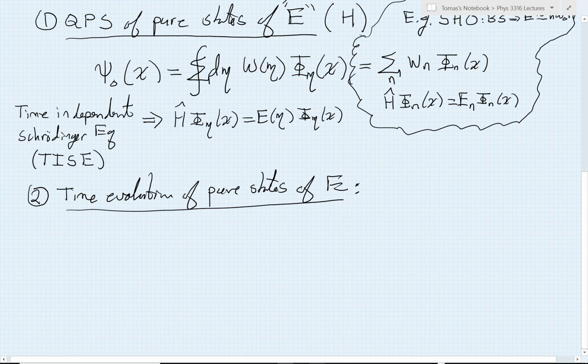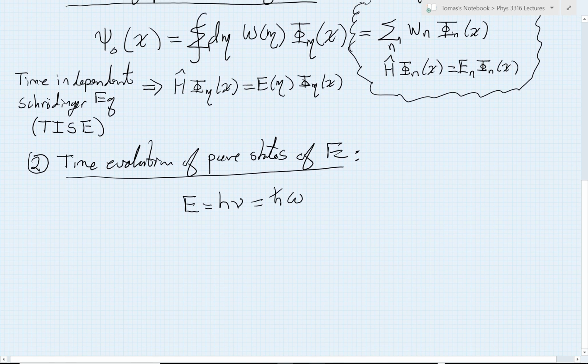And you will remember that from the de Broglie hypothesis, recall that E equals h nu, or if we write it in terms of our more familiar wave type variables, that's just h bar times my frequency. So the time evolution of a pure state of energy, then, we know, is just a pure complex exponential, because that represents a pure frequency behavior, times e to the minus i omega t would be the standard form.